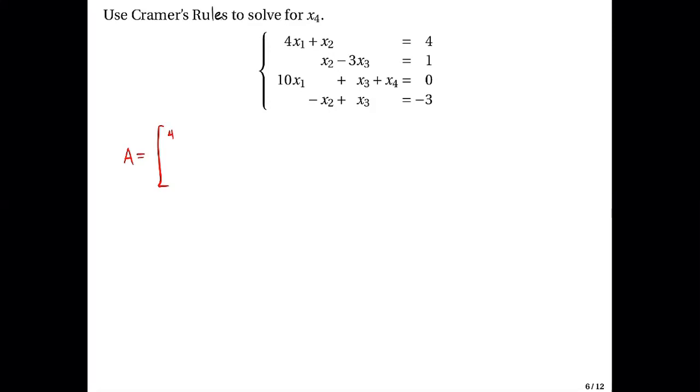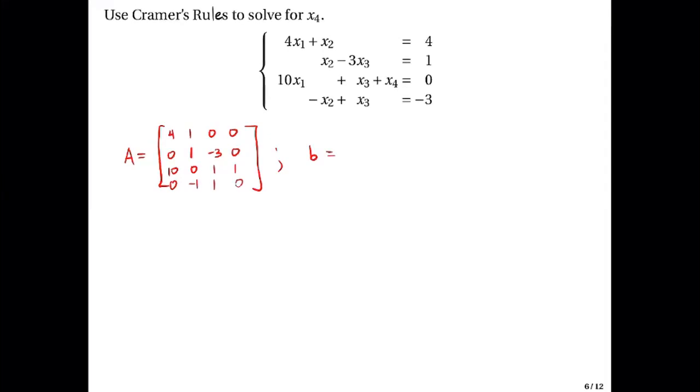So we have 4, 1, 0, 0. Then 0, 1, negative 3, 0. Then 10, 0, 1, 1. Then 0, negative 1, 1, 0. So this is our matrix A. Our matrix B is the constant vector here.